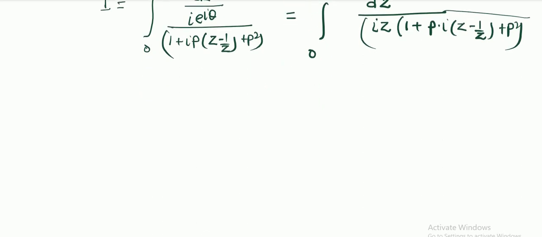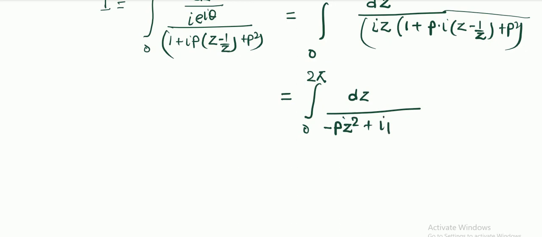So on solving this expression, on further simplifying, what you will get is 0 to 2 pi dz by minus pz square plus I into p square z plus zI plus p. This you will get in the z domain. As I have converted the theta domain into z domain, we will also have to change the limit.